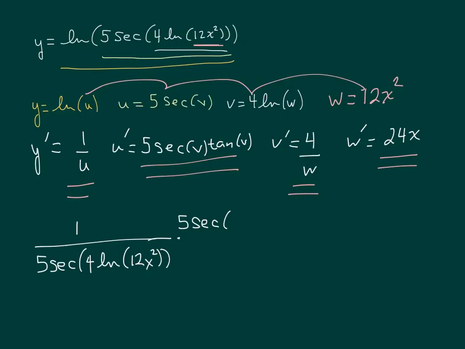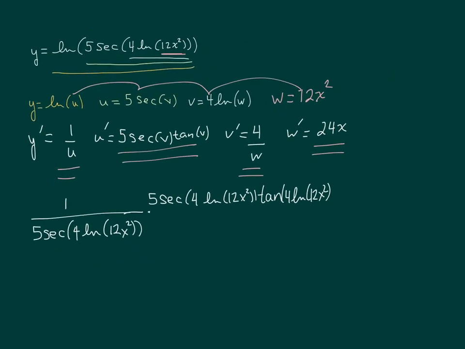Tangent v, where v again is 4, oh I'm sorry, I said w and I wrote w. Let's go ahead and say what w is. So 4 ln of w, which is 12x squared. Then tangent of 4 ln of w, and w is 12x squared.